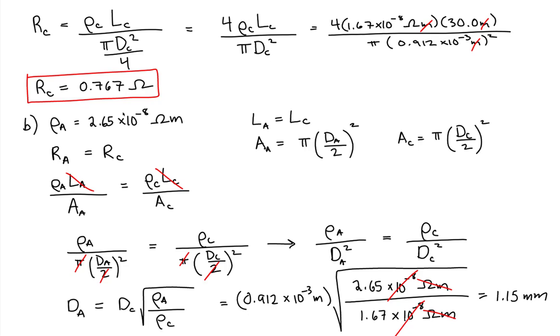Since the resistivity of aluminum is higher than the resistivity of copper, it makes sense that we're going to need a thicker wire in order for the overall resistance to be the same. That thicker wire is compensating for the fact that the resistivity of aluminum is higher than that of copper. So this answer makes sense.